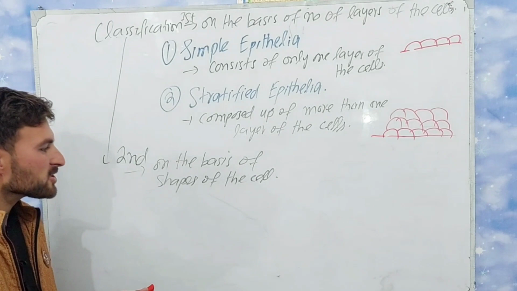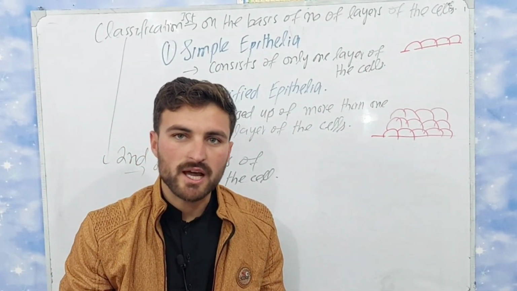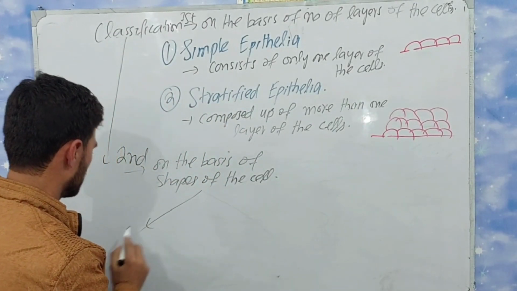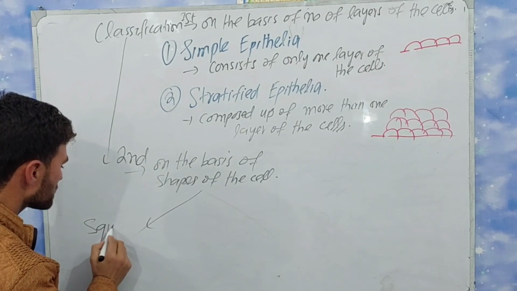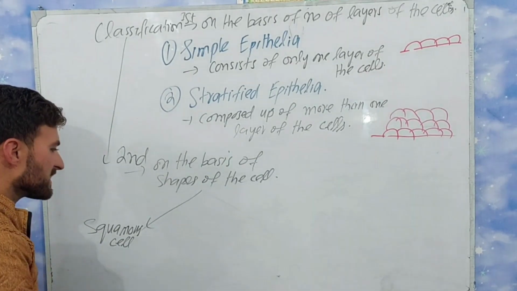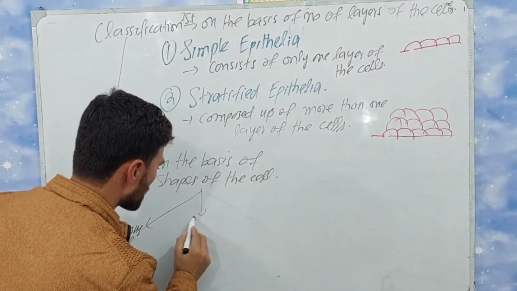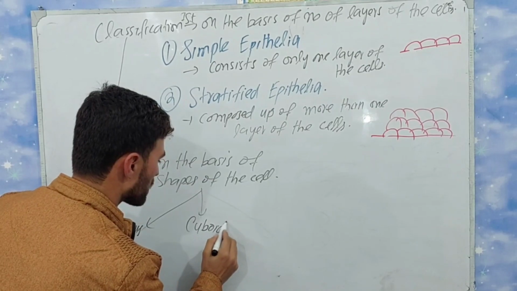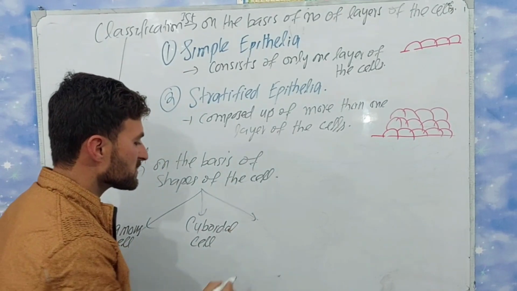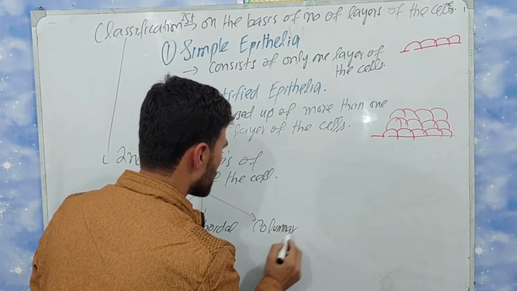On the basis of the shapes of the cell, we have three main types. The first one is squamous cell, the second one is cuboidal cell, and the third one is columnar cell.